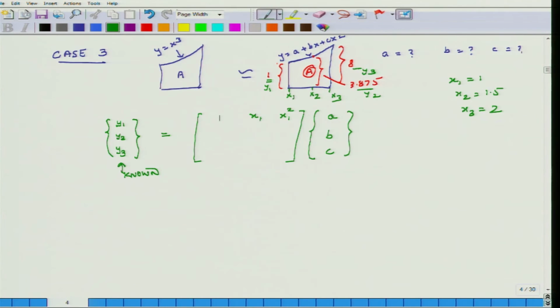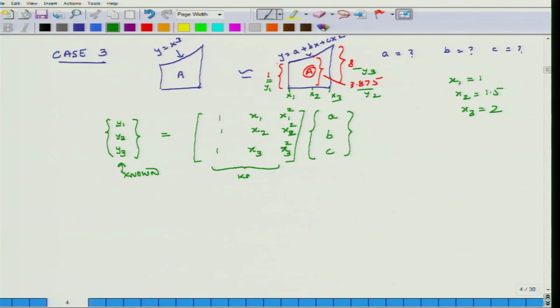Similarly, y2 is equal to A times 1 plus x2 times B plus x2 square times C. And similarly, y3 is equal to A plus B x3 plus C x3 square.